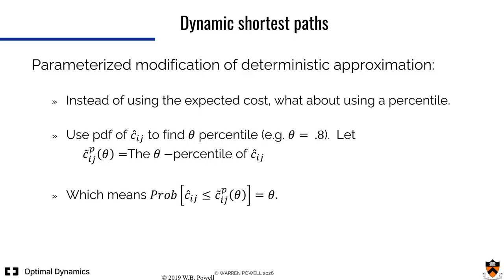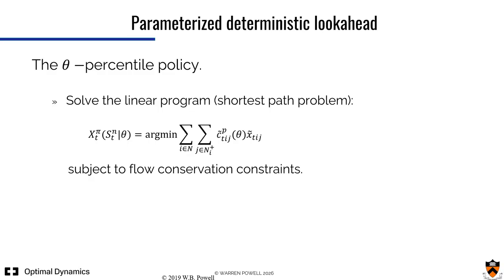I'm worried about the worst case, clearly the worst case of going through New York City. But once you've fixed the percentile, which is parameterized by theta, whether it's the 70th percentile or the 80th or 90th, I still have a number of fixed costs. So I still have a deterministic graph, and I can solve a standard deterministic shortest path problem. So this is just a modified deterministic shortest path problem where all the costs have been replaced with the theta percentile.